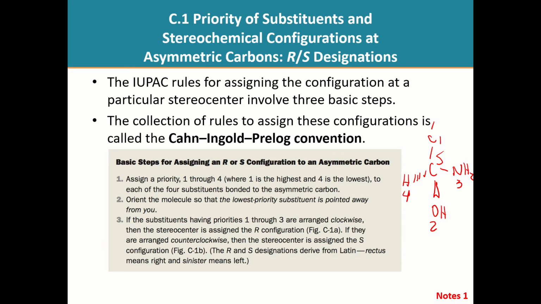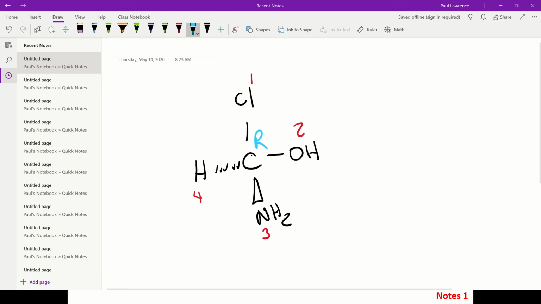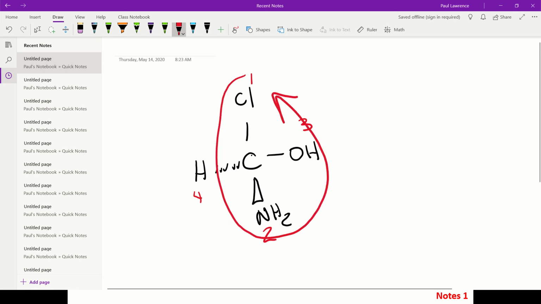Now you can see where the mistakes can possibly come in. This is an R, no doubt. But what if you made a mistake and assigned nitrogen as priority 2 and oxygen as priority 3? You would say, okay, 1, 2, 3, counterclockwise, so that's an S. And that's 100% wrong, and you won't get any credit for it.